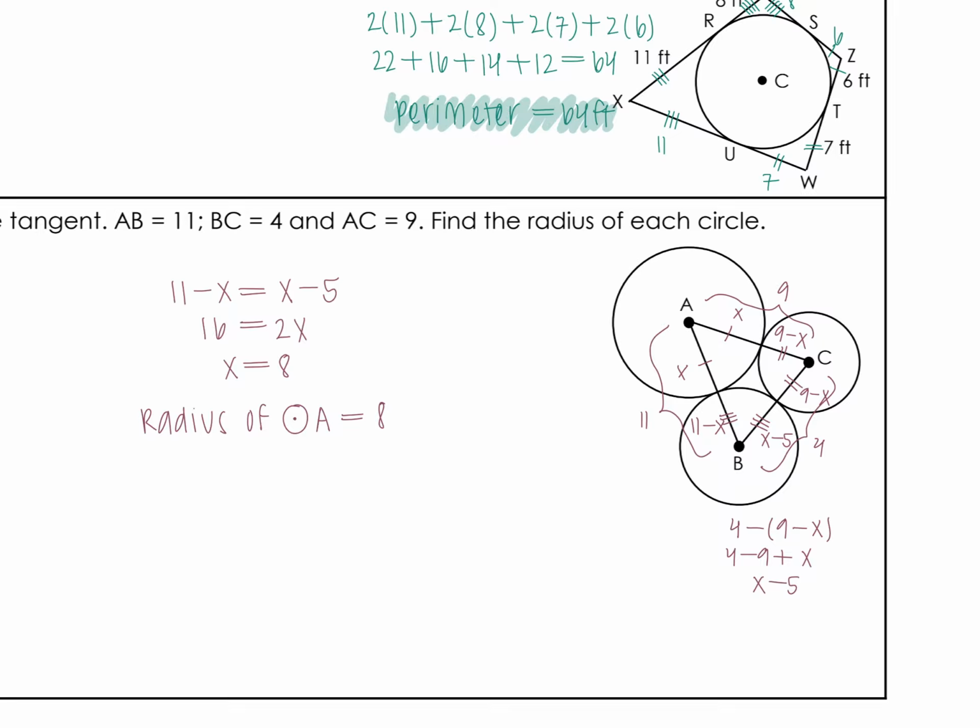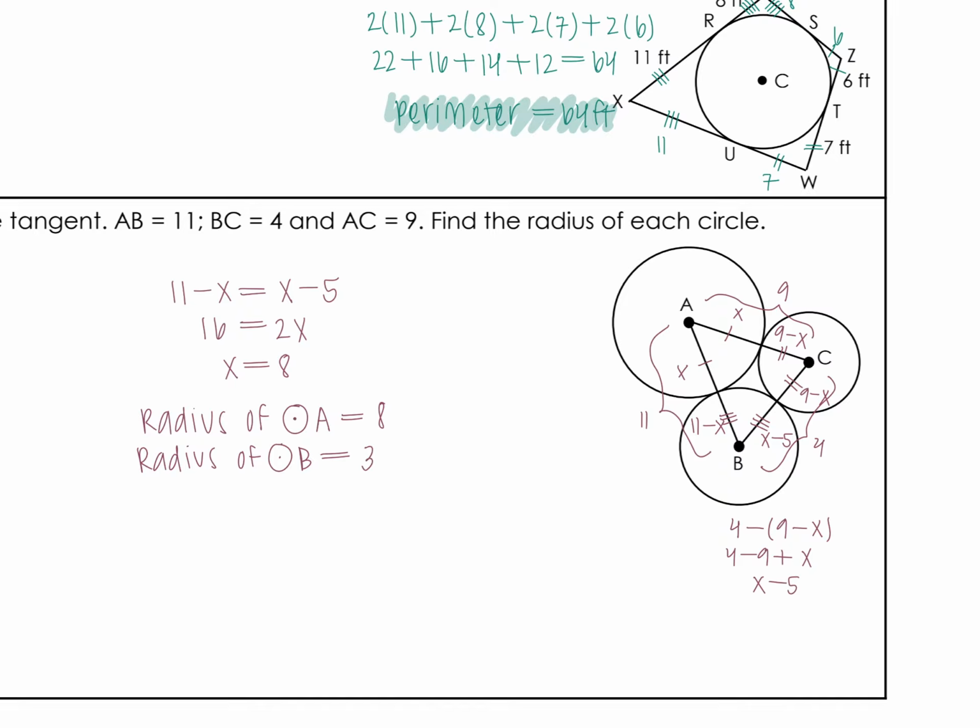Then I'm going to just plug this in to find each of the other circles' radius. So here for my radius of circle B, we have that 11 minus 8 because it's X, and you should get then 3.